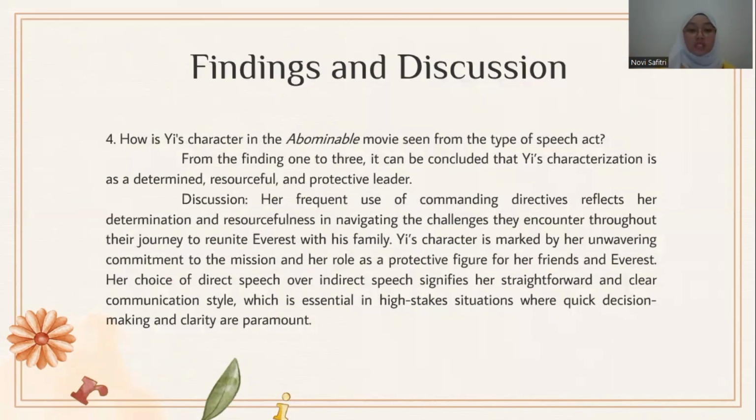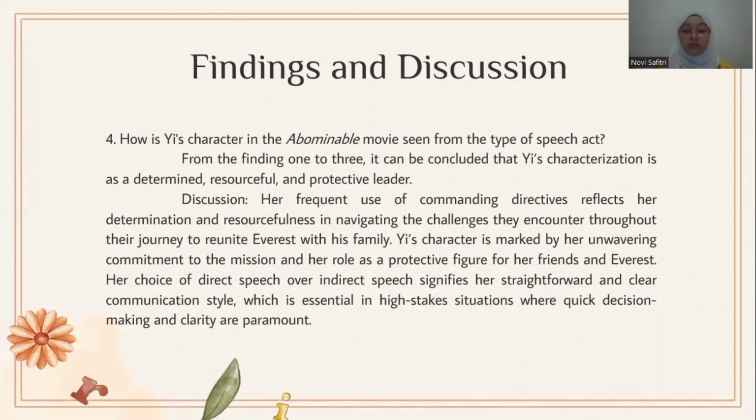So here is the last findings and discussion, number 4, about Yi's character in the Abominable movie, seen from speech act. From findings 1 to 3, it can be concluded that Yi's characterization is a determined, resourceful, and protective leader. Her frequent use of commanding directives reflects her determination and resourcefulness in navigating the challenges they encounter throughout their journey to reunite Everest with his family.